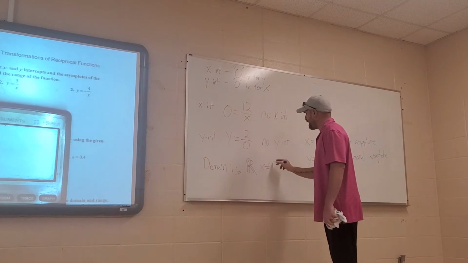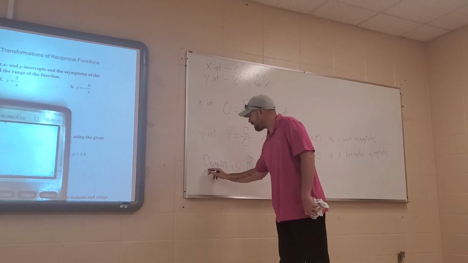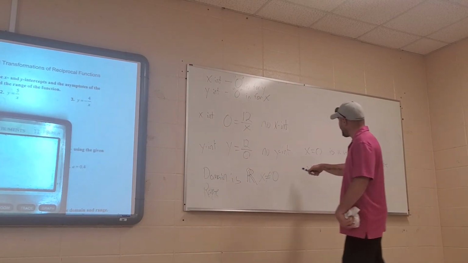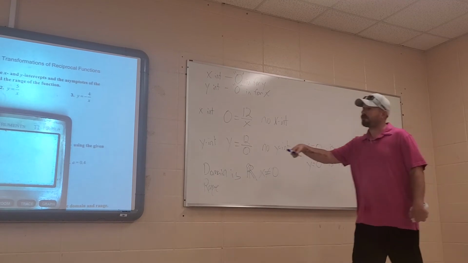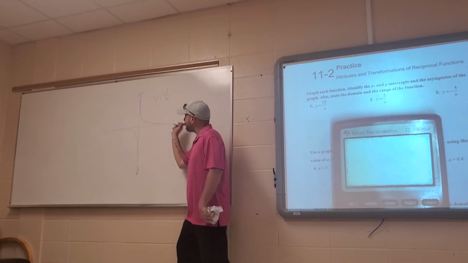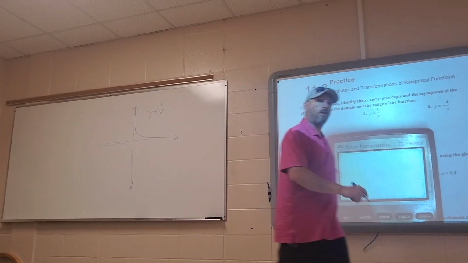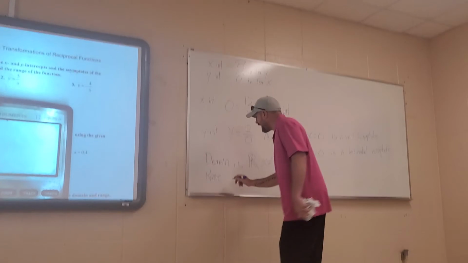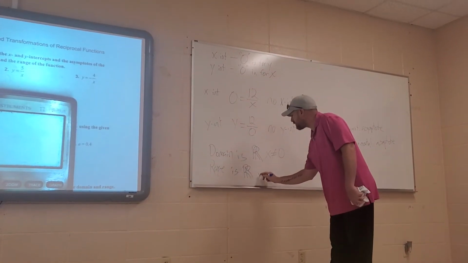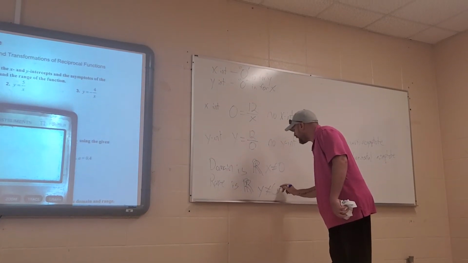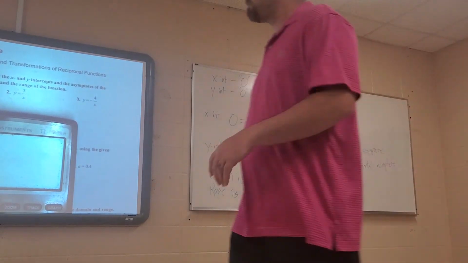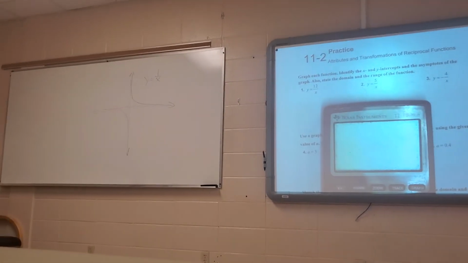X cannot be 0. What about the range? Well, it's the same thing, right? It's all the numbers. If you look at the graph, it's all the numbers except for 0. So the range is also all real numbers. Y cannot be 0. Okay? So y'all need to do the other two.